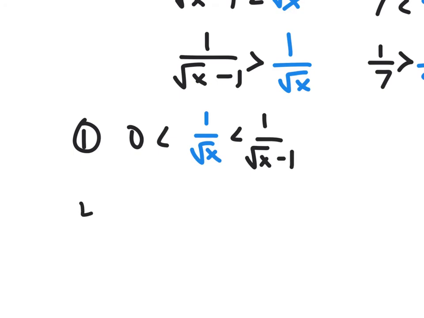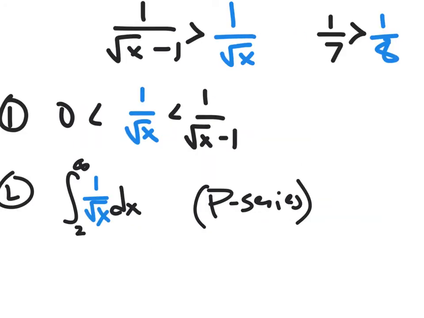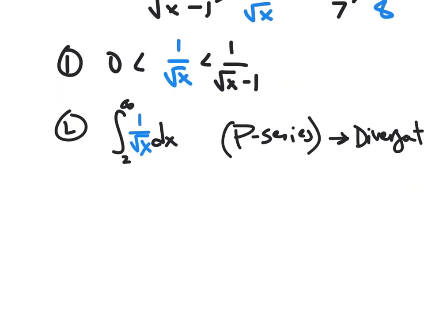So if I can show in step 2 that the integral of this on that interval from 2 to infinity is divergent, which it is by p series. So the p series tells me in this case that this is divergent. Then I can write a therefore statement in step 3.